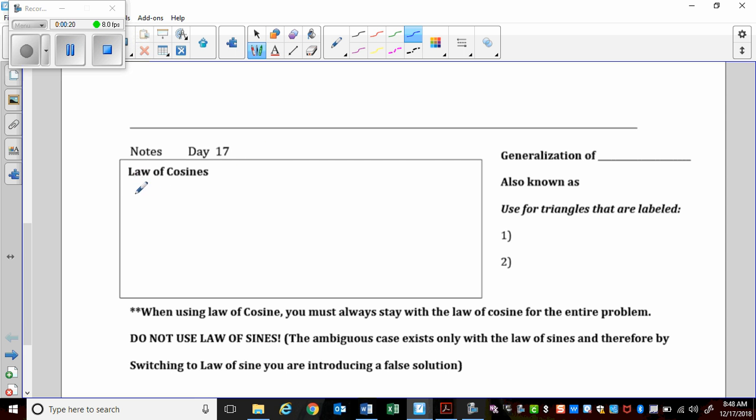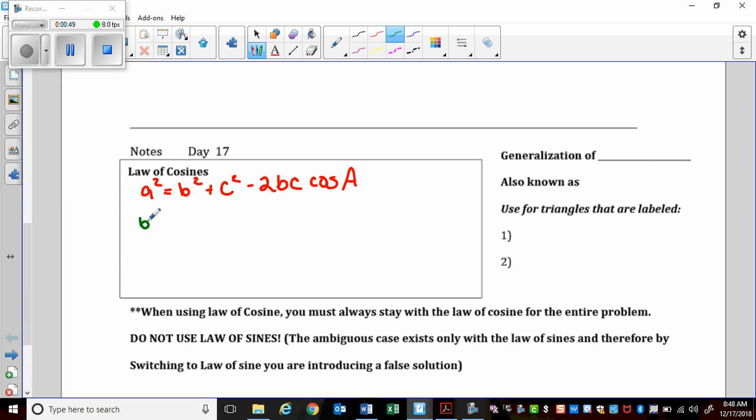It is either a squared is equal to b squared plus c squared minus 2bc cosine of the angle opposite this side, so angle A. But based on the information they give you, you can use one of the other ones.